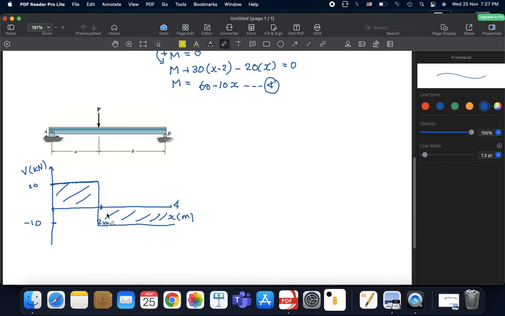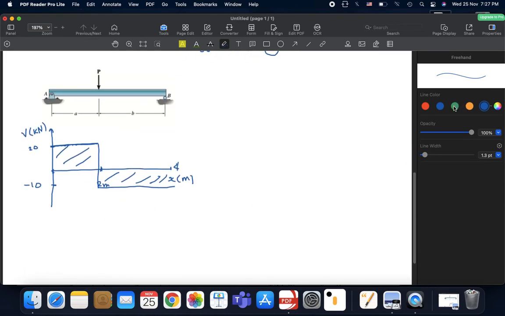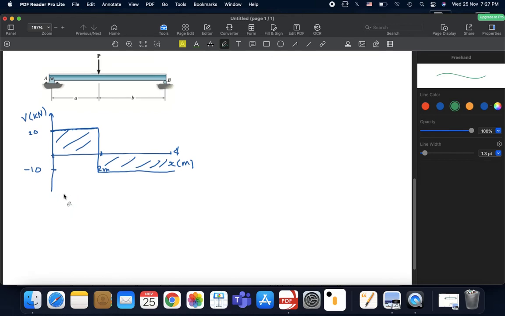Now what about the bending moment diagram? For bending moment, just do exactly the same thing. Use the equations to draw. So this is M in kilonewton meters, and this is x in meters.